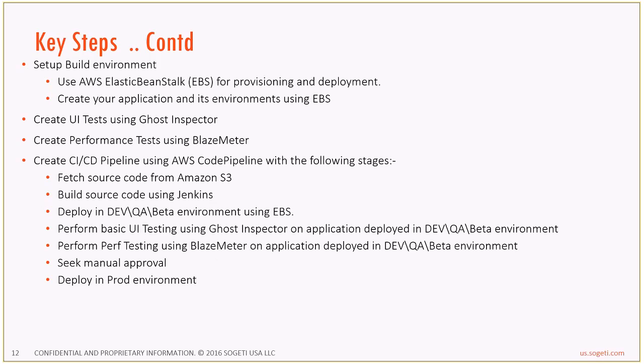We will look into these configuration details in a little bit, but just keep in mind that the two key steps while using Elastic Beanstalk is first to create your application and then eventually to create environments to deploy your application.